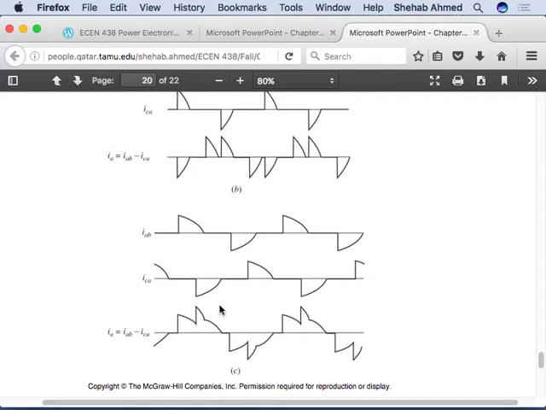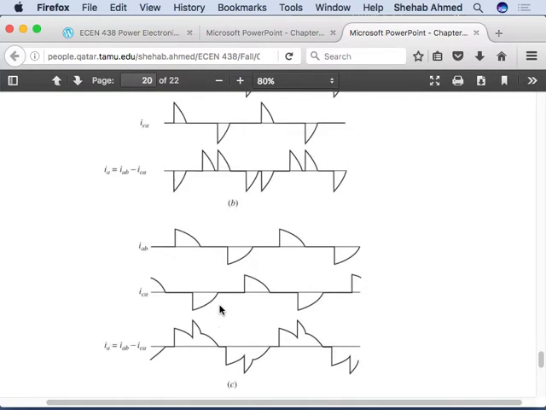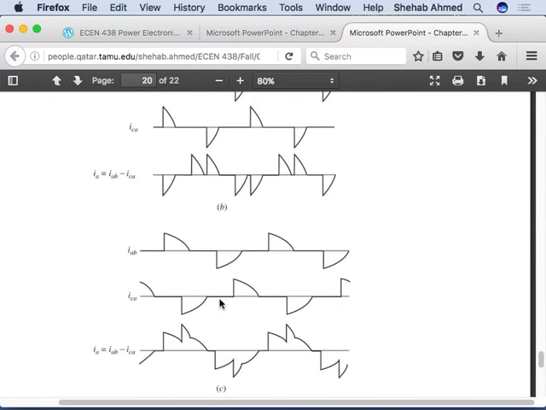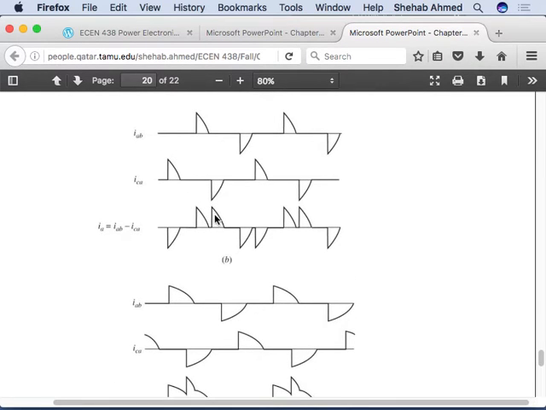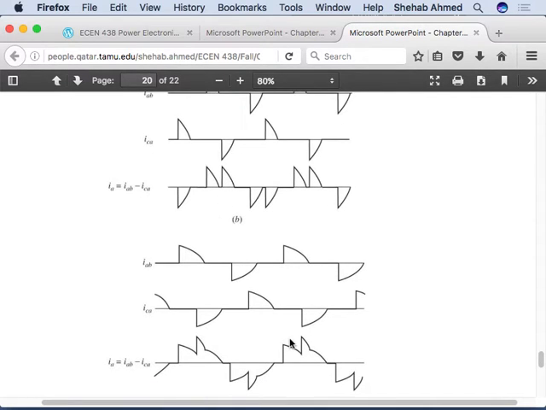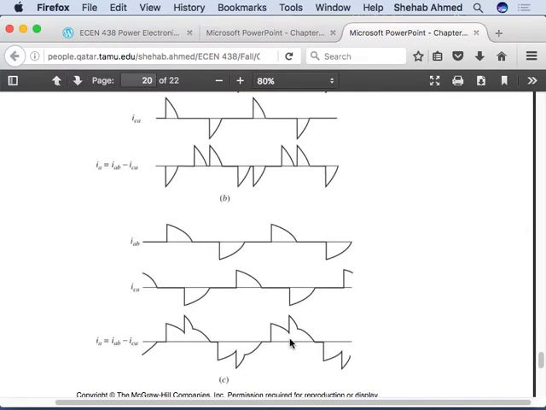Remember, in the previous case, we had the condition where 3 devices on, 2 devices on, no devices on. And then we had the condition where 2 devices on and no devices on. Here we have also two conditions where the phase voltages and currents are overlapping, or they're not overlapping. And at the end of the day, you're just trying to control what?